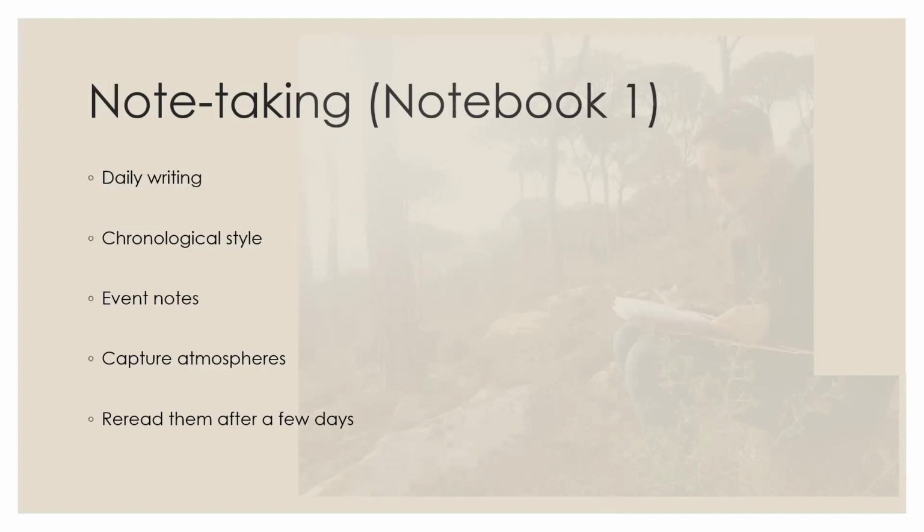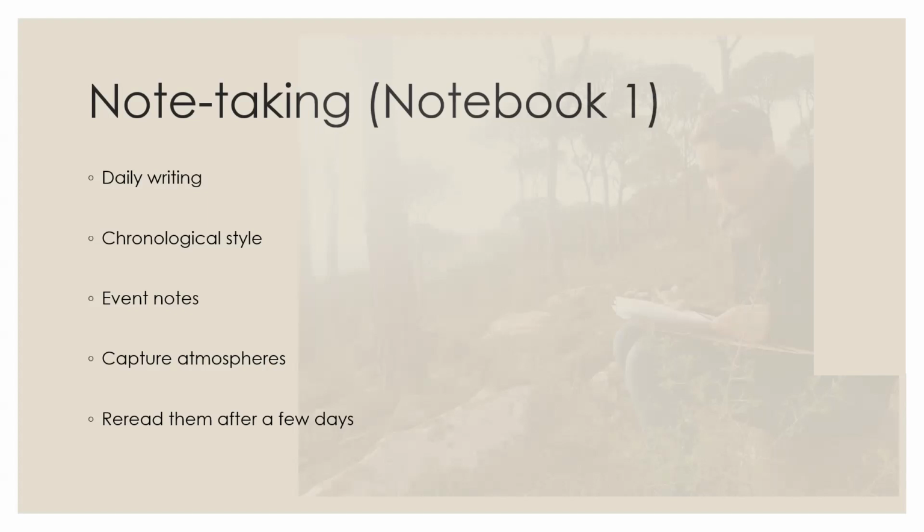An easy way to write down what happens is just following a chronological style. Even writing down, I woke up at this time in the morning, this person called me, said, hey, are you up for a chat? So I went down.